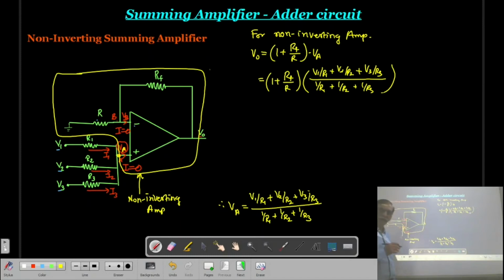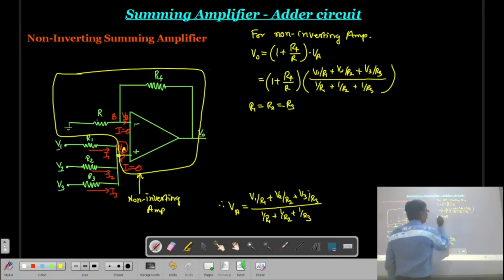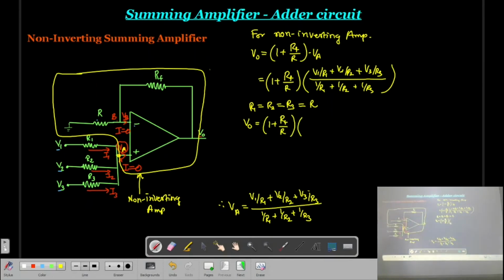Now to simplify this, let us consider R1 is equal to R2 is equal to R3. If all these resistances are the same and equal to R, then I can write the output voltage is equal to 1 plus Rf by R. Now here the simple mathematics is there.